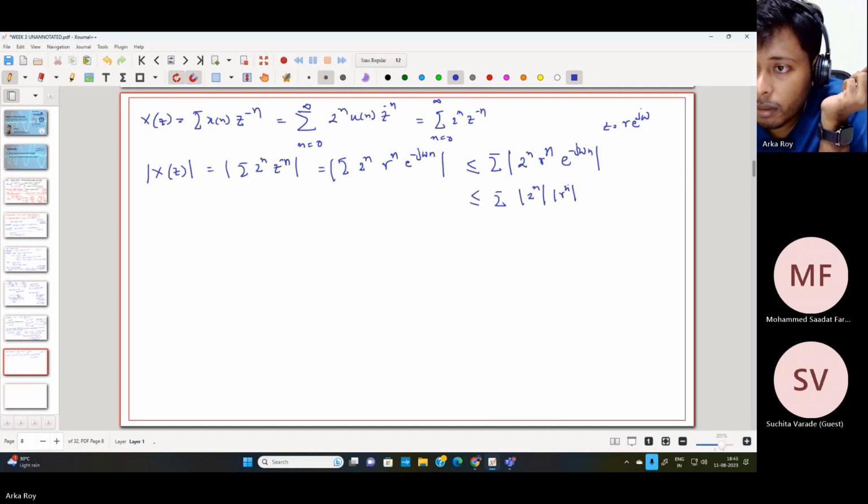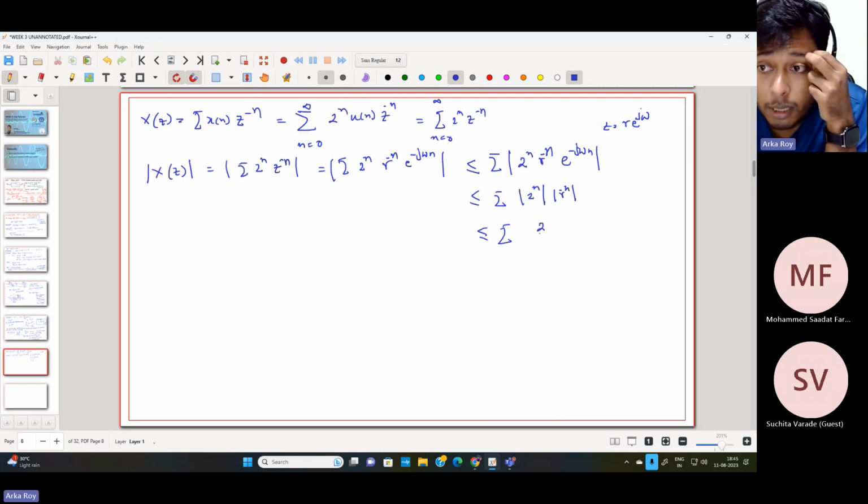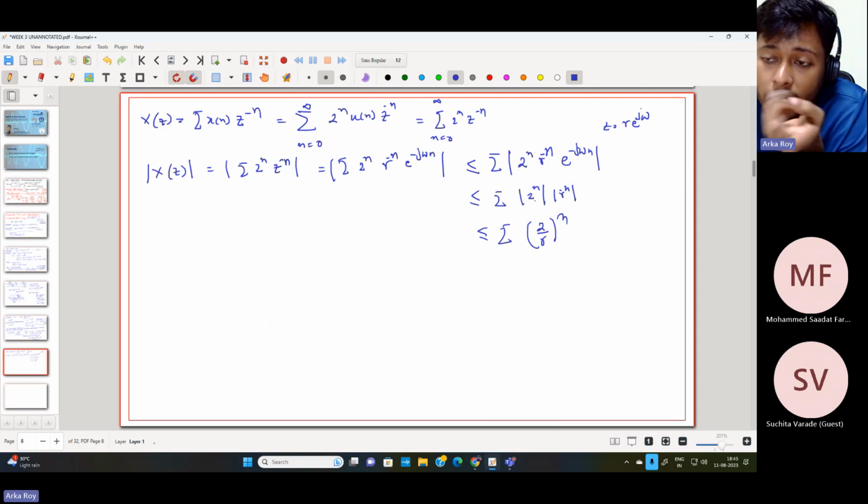Therefore, this will be r to the power minus n, because it was z to the power minus n. So I can write it like this: 2 divided by r, whole to the power n. And because r is basically a number and 2 to the power n also yields a number, the mod of that number will be the same thing, so I have removed the mod.